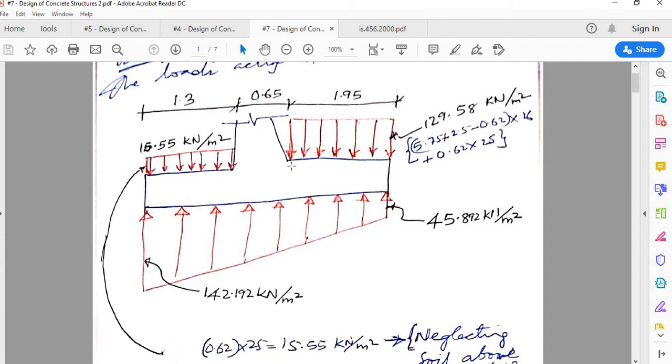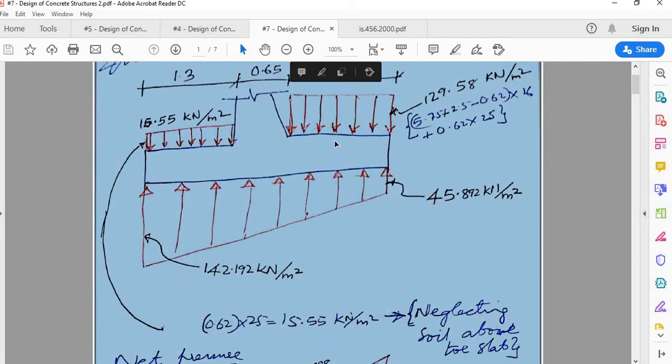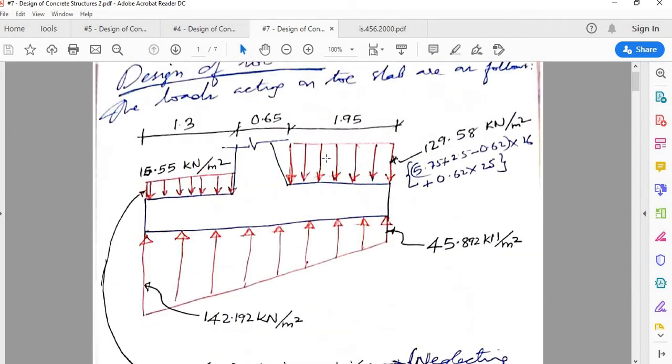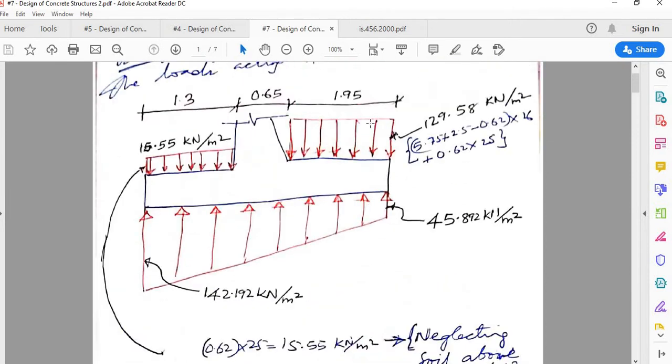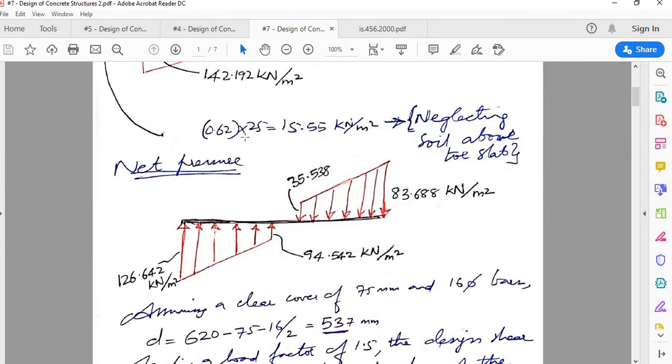So that's also one of the reasons that you see the heel slab will bend like this, right? And tension is at the top because the force that's acting from the top is greater than the soil pressure. So that is also seen here. So you subtract the respective ordinates, and this is the pressure diagram. Okay, so these are the pressures for which we will design the toe slab and heel slab.